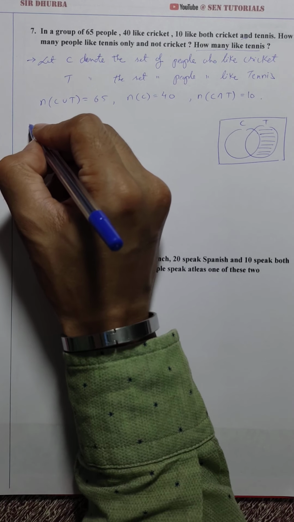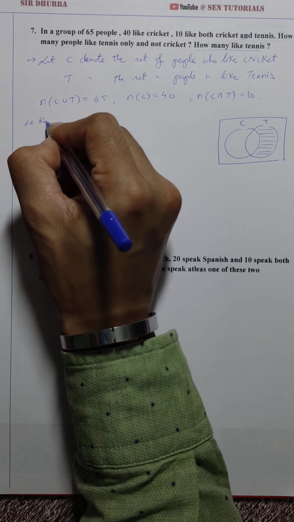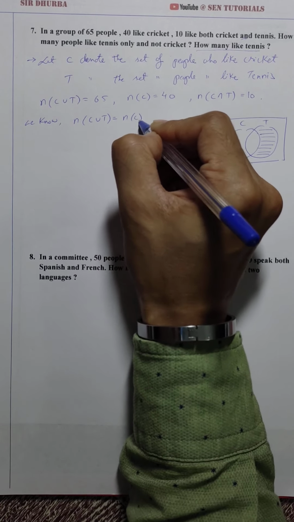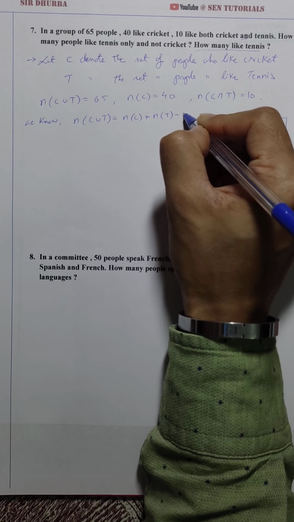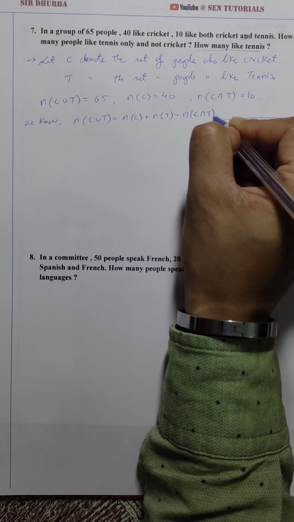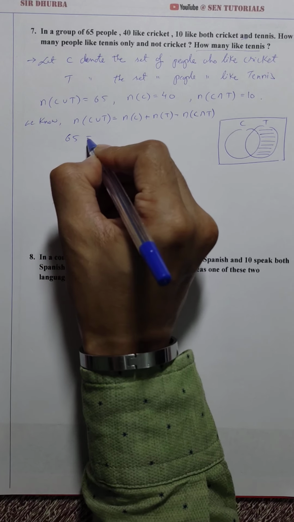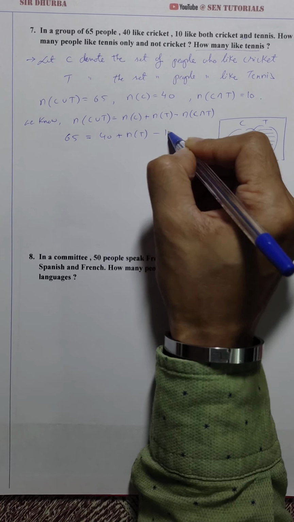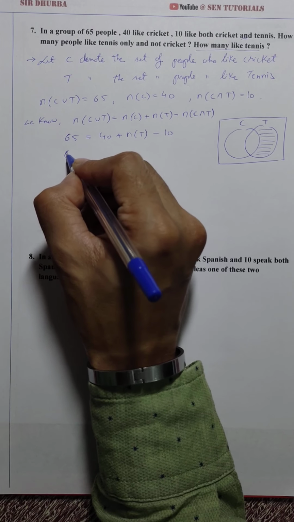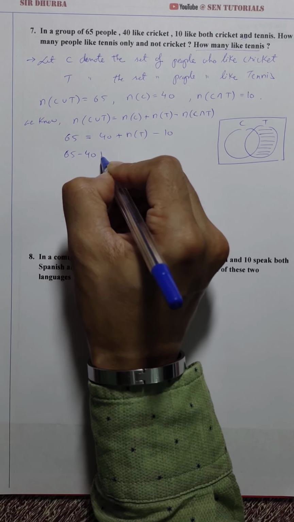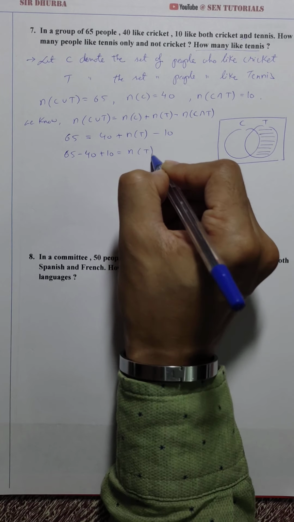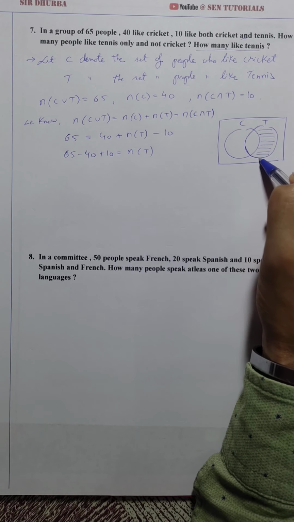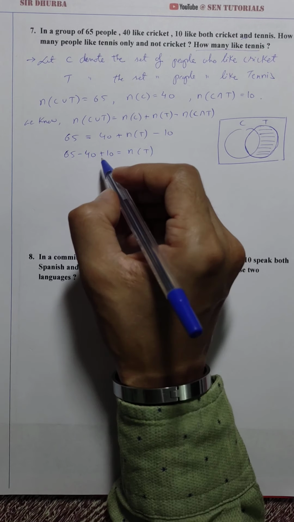We know that C union T is equal to C plus T minus C intersection T. So this is 65, 40, tennis we have to find out, 10. So that's going to be 65 minus 40 plus 10 is equal to the number of people who like tennis, completely tennis, that is this one, the whole set.